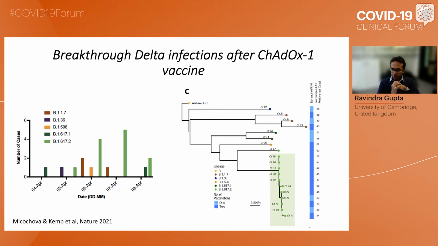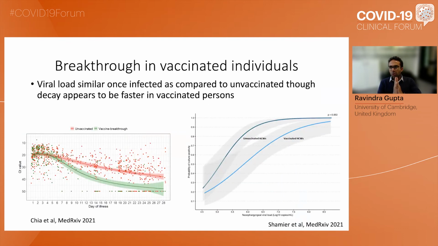You can see that there's a large number of infections with Delta, almost identical sequences indicative of a super spreader event. In other words, many people who are double vaccinated being infected with relatively high viral loads despite being vaccinated in a hospital setting. So rather worrying data, which then were seen throughout the world in populations.